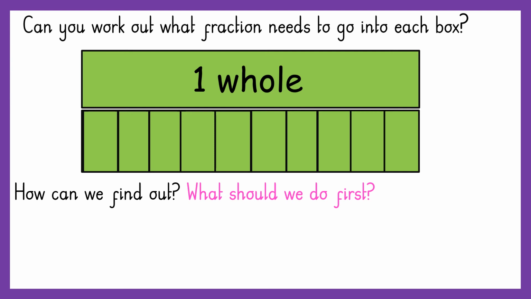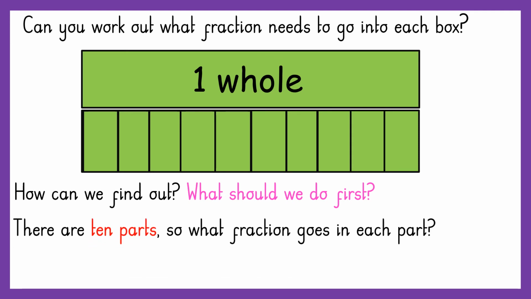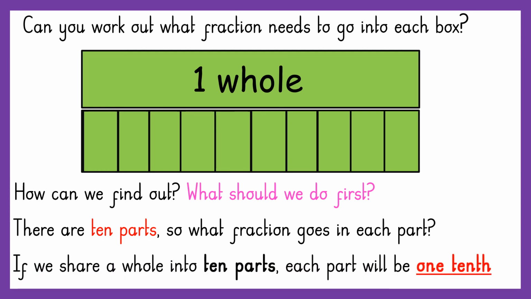If we count them, we can see that there are 10 parts altogether. So what fraction goes in each part? Well, if we share a whole into 10 parts, each part will be 1/10.